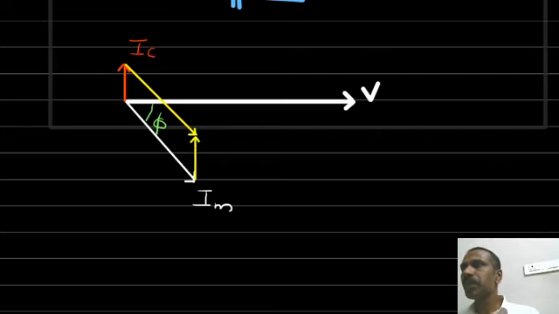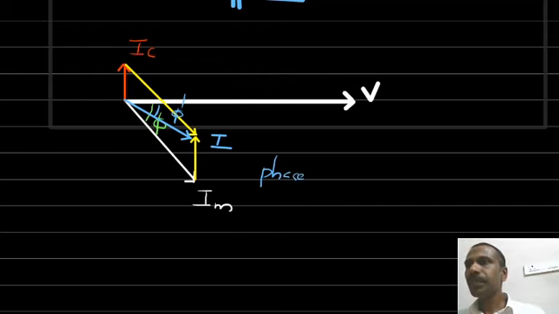This is I, the resultant current, and here the phase angle is improved to a certain angle. You can say phi dash. Now the phase angle is reduced, or the phase angle is changed from phi to phi dash.